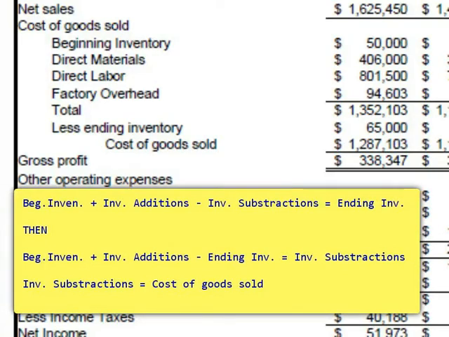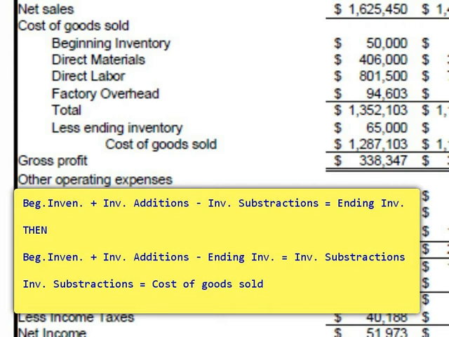Pretty much this is just a balancing computation in which we can identify the ending inventory, and just by subtracting everything that was at the beginning and was added to the inventory and subtracting the remaining inventory, we can identify how much of the inventory went out in the form of the cost of the goods sold.